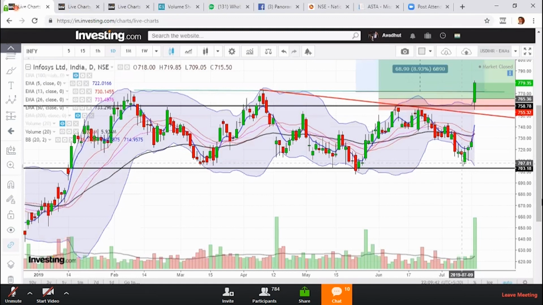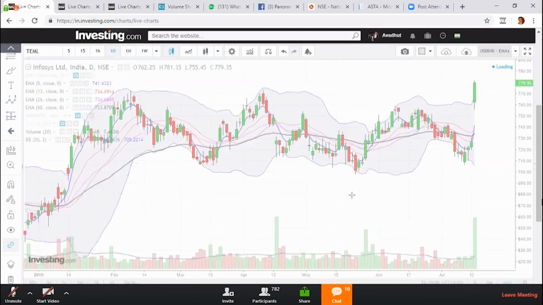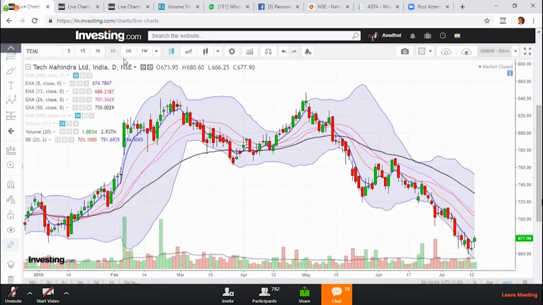Hence, there was no way one could have shorted Infosys before the results. And if at all you wanted to short, there could have been Tech Mahindras of the world, because Tech Mahindra had broken that low. See this, this is the May low, and today the price is here.